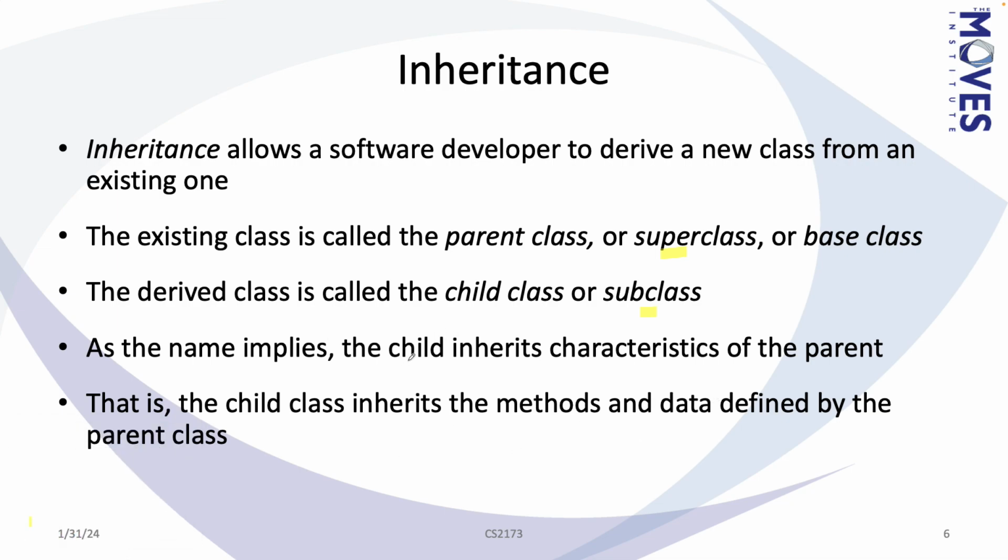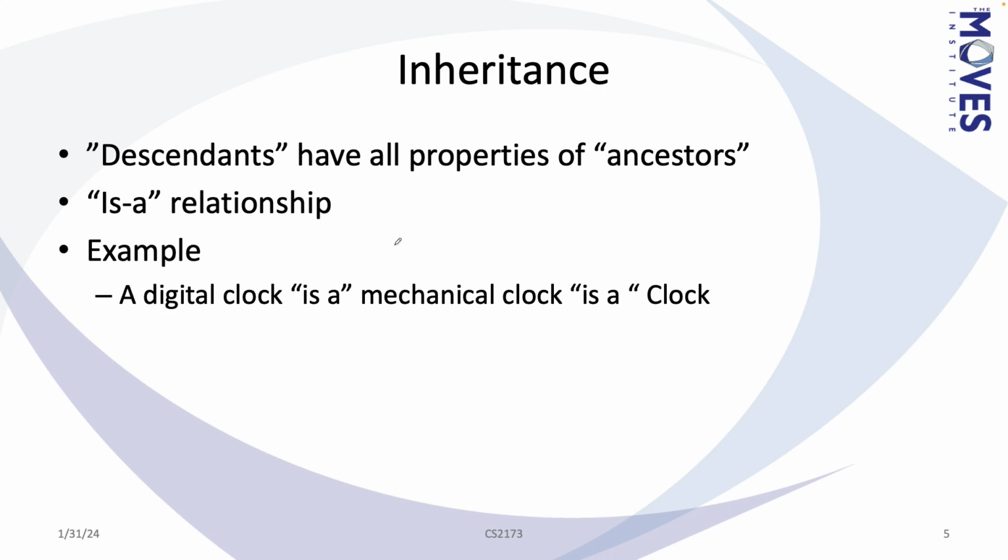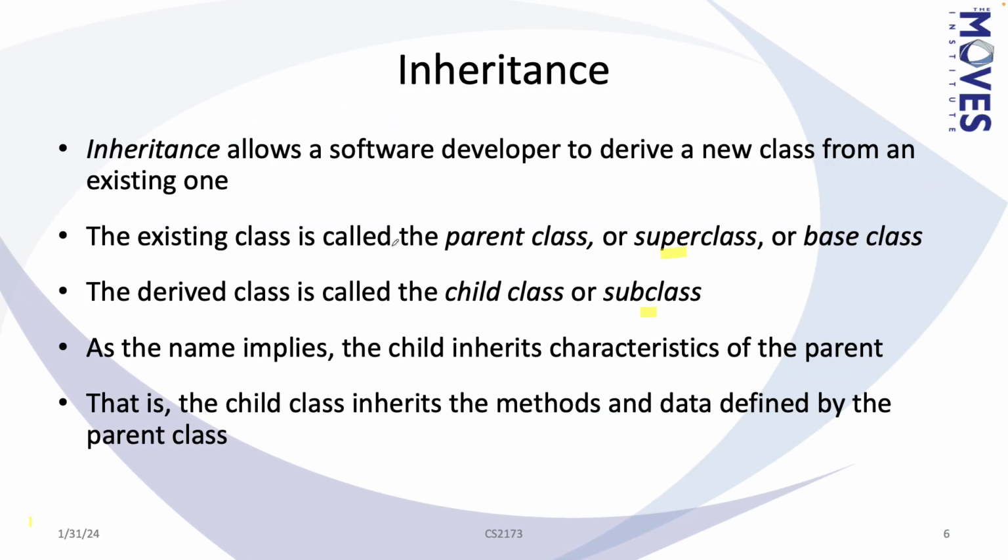Okay, so now the child inherits the characteristics of the parent. The metaphor is basically asexual reproduction, because you don't have two parents. So the child inherits everything in the parent.